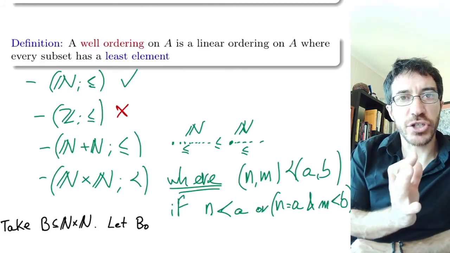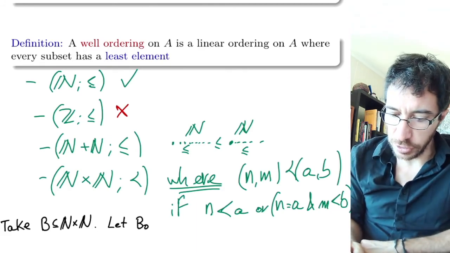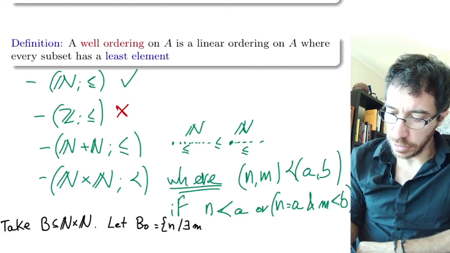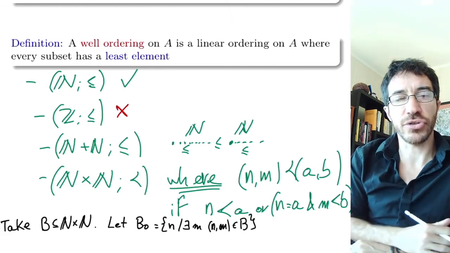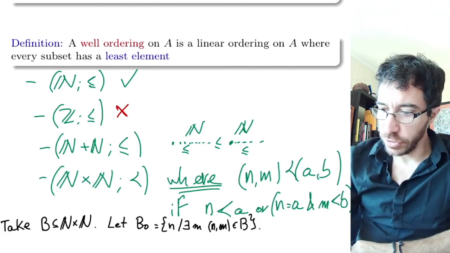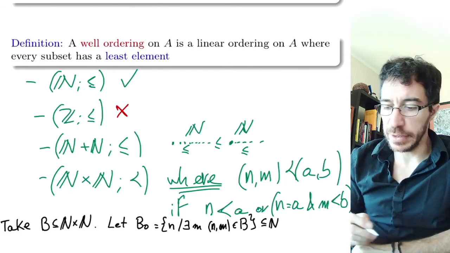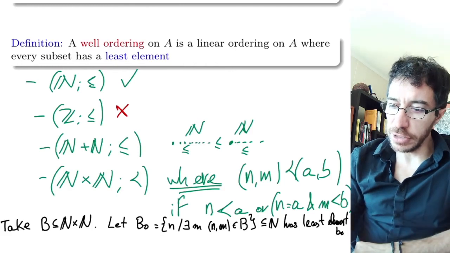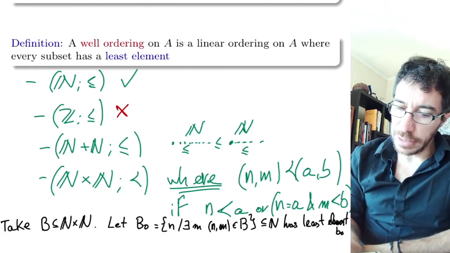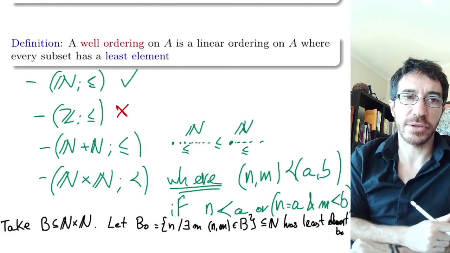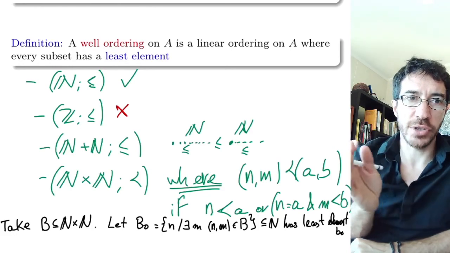Let B0 be the projection of B onto the first coordinate, the set of all n's such that there exists an m such that (n, m) belongs to B. This is a subset of the natural numbers, so it has a least element. Let's call it b0. Now, among all the elements in B, they all start either with b0 or with a larger element, because among all the possible first coordinates, b0 is the least one.